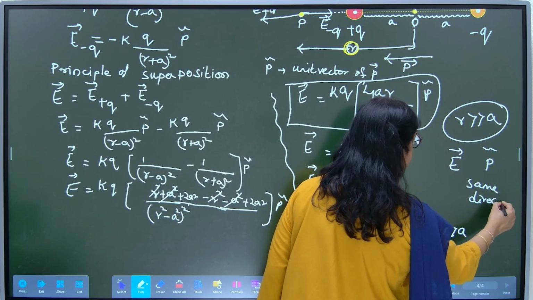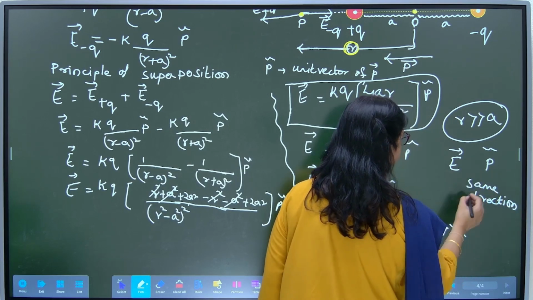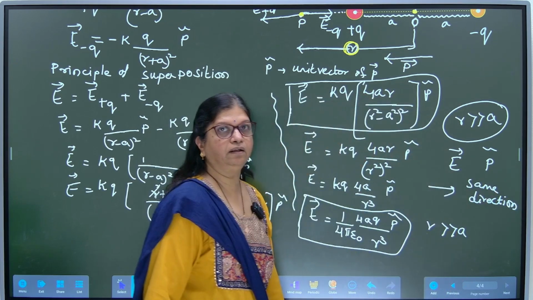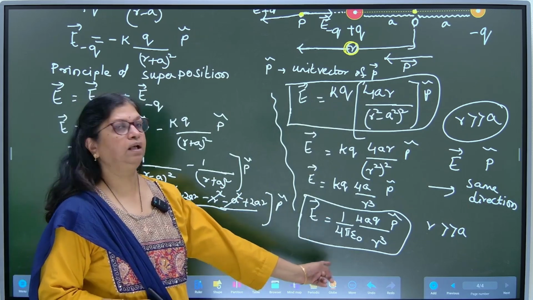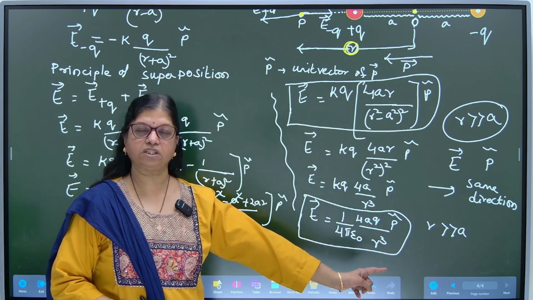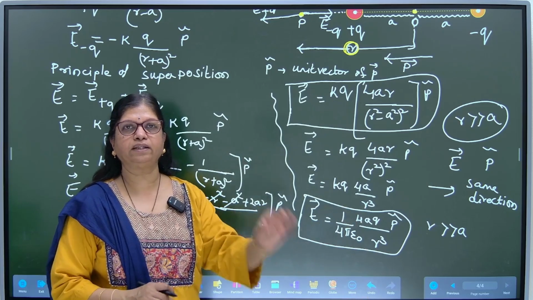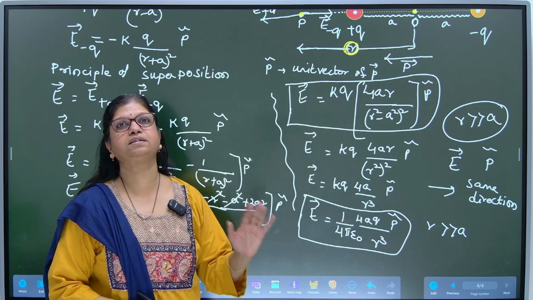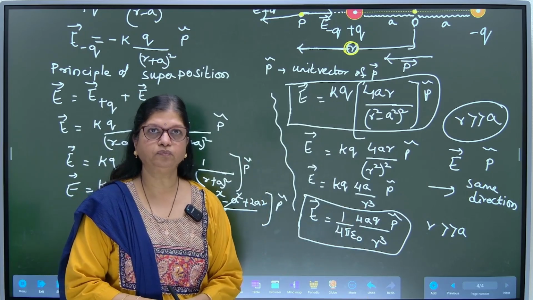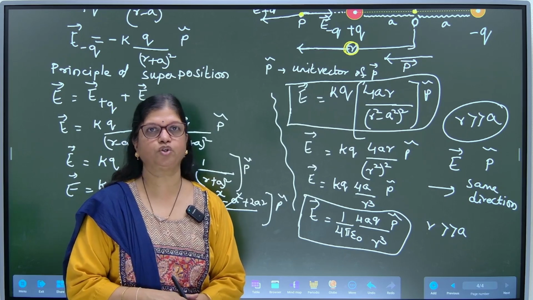Fine. This can come as a question. The direction of the electric field and the unit vector P, which is the unit vector of the electric dipole moment, is the same. Fine. Now I will move on, and you just take a screenshot and learn it. Fine.